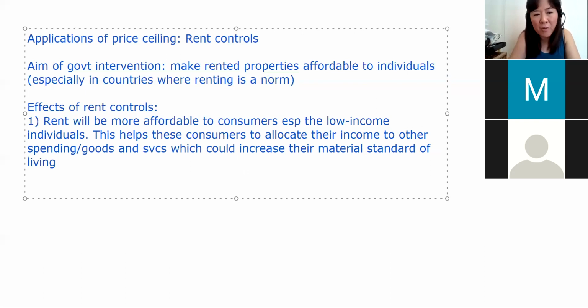It means it makes them better off instead of having to pay high rents and basically denying them the ability to spend on other goods. Now that the rent is made more affordable, it increases their purchasing power to buy other goods.